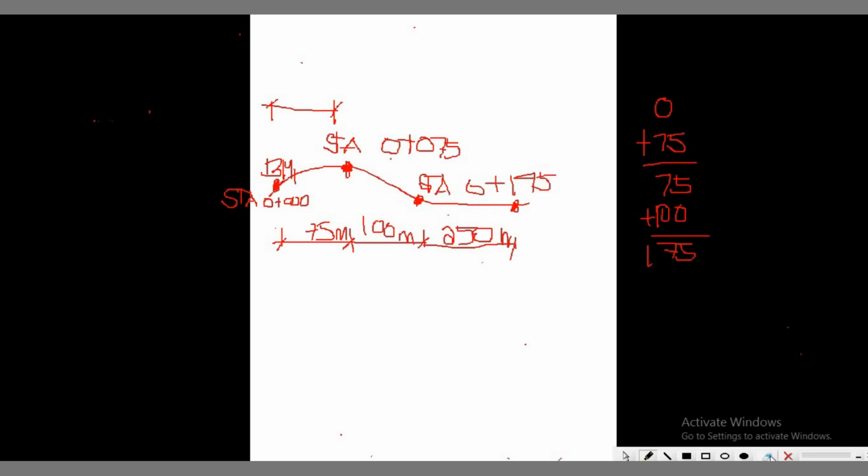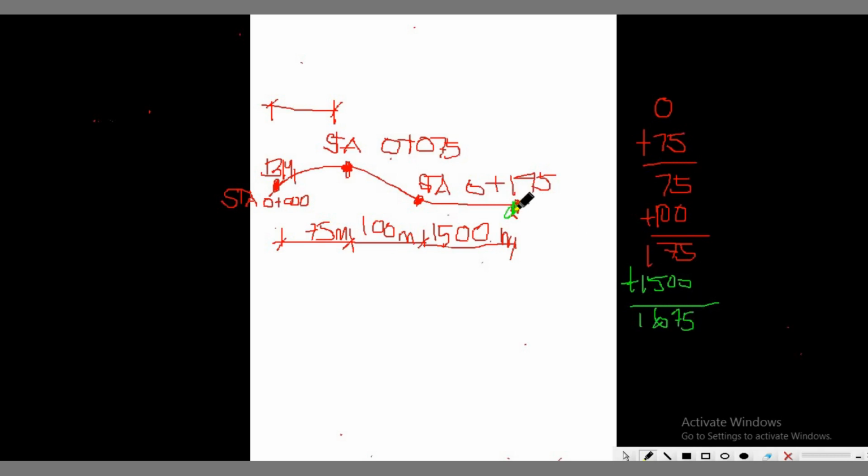Okay? Notice the difference. Let's say from this point to this point there is a distance of 1,500 meters, exaggerated values. What is the name of this station? I ended at 175, then I add 1,500, which is equal to 1,675.